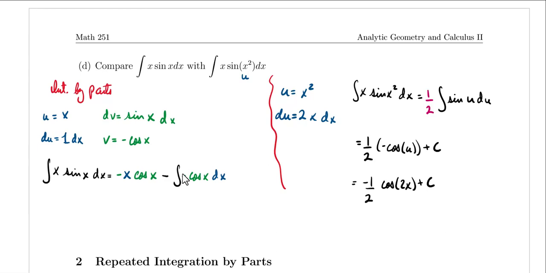Now at this point, we have a negative and a negative, so I'm just going to go ahead and get a positive here. Alright, so now the integral of cosine, we know that's a sine, so our final answer is going to be a negative x cosine of x plus the sine of x plus c. And there we go. So as you can see, before we really couldn't handle integrals like this, but now with integration by parts, we're ready to take them on.